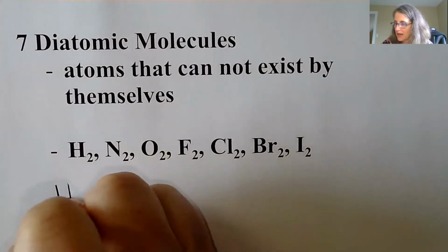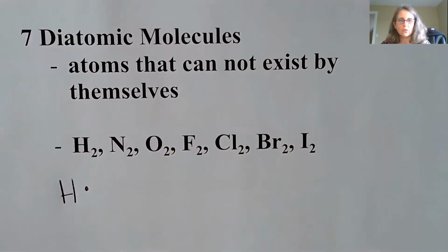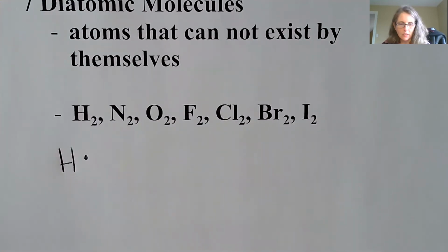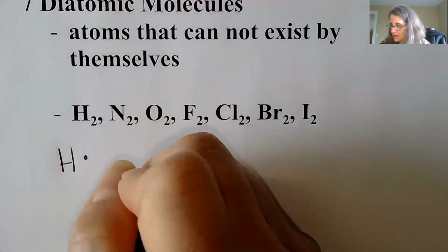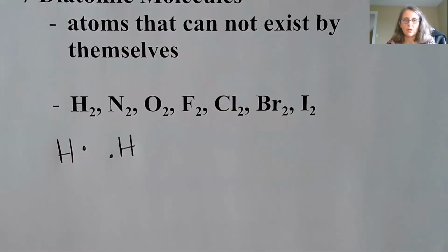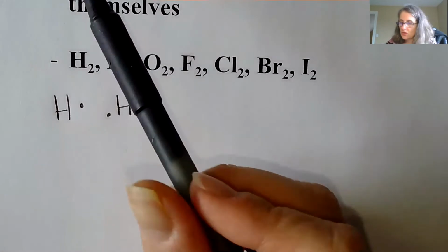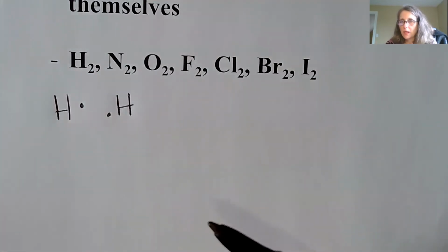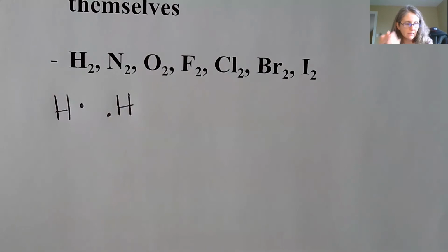If I were to have hydrogen and draw its Lewis dot structure, I would draw it like this. And it doesn't matter which side you start on. I'm starting on that side for a reason. If I have another hydrogen that has 1 valence electron, what it can do is essentially get close enough, and your online book does do a kind of a description of 2 hydrogens coming together. Once they get to a certain distance, you actually make the bond.